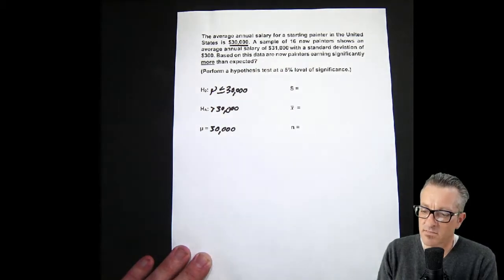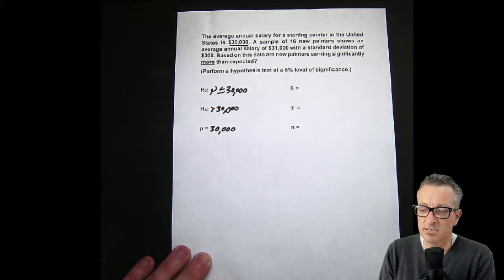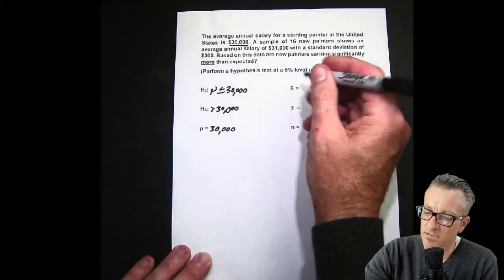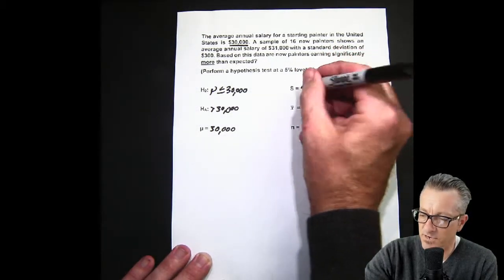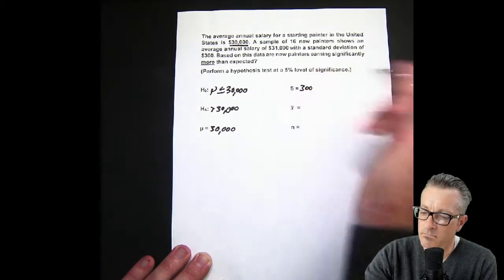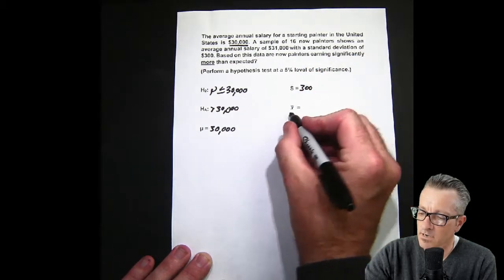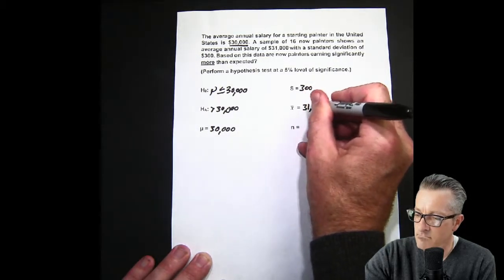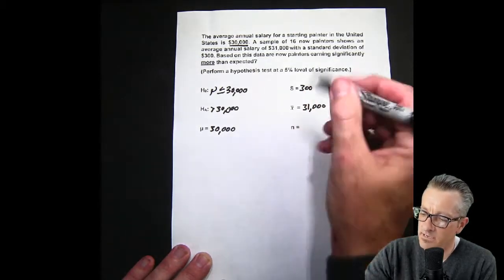What that means is the standard deviation is connected to the sample mean. So our standard deviation for the sample is 300, our mean for the sample is 31, and our n is 16.